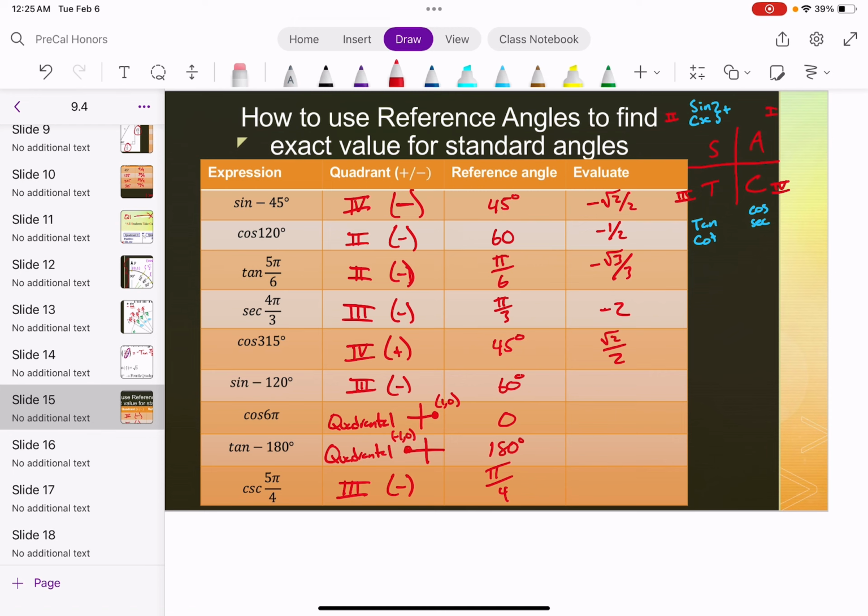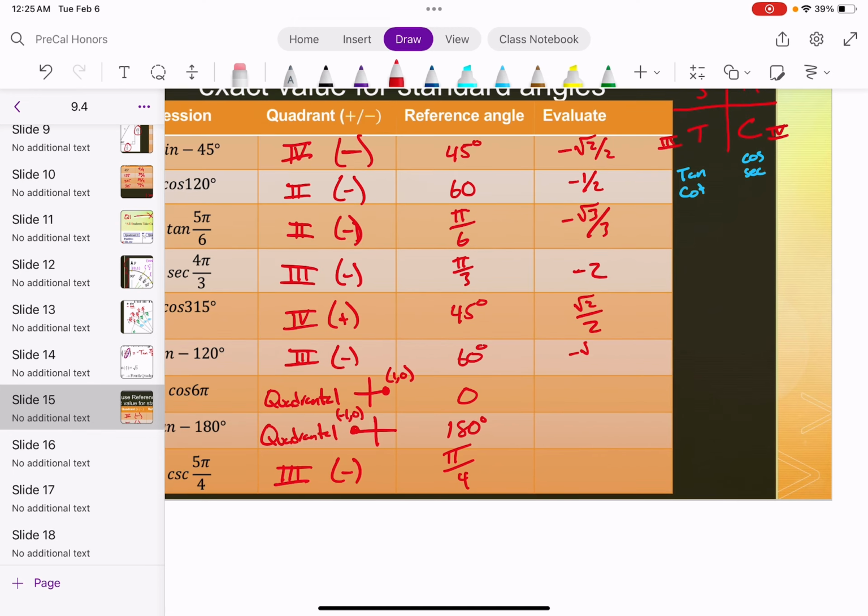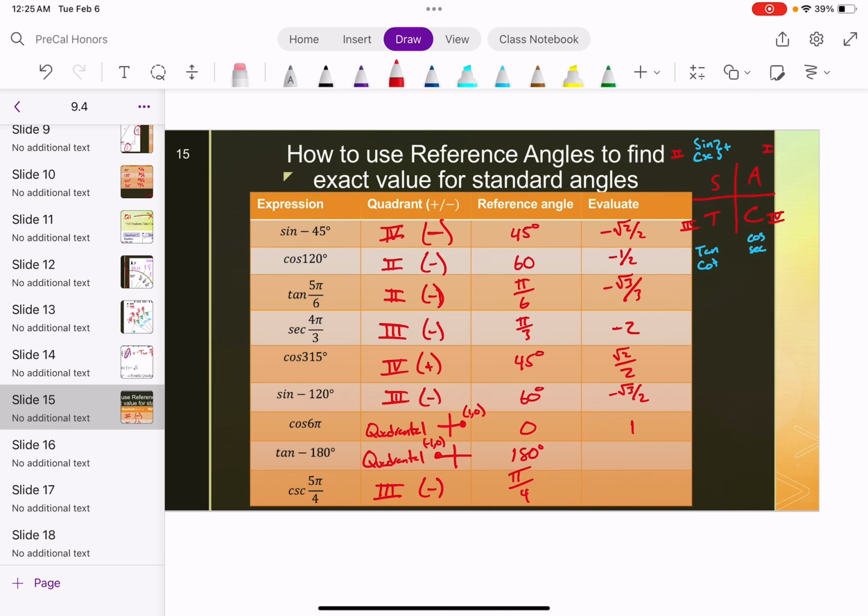We're looking at sine minus 120, which is a negative square root of 3 over 2. 0, 1 would fall onto that quadrantal. 180 would fall onto our 0. And our cosecant would give us a negative 2 square root of 2.